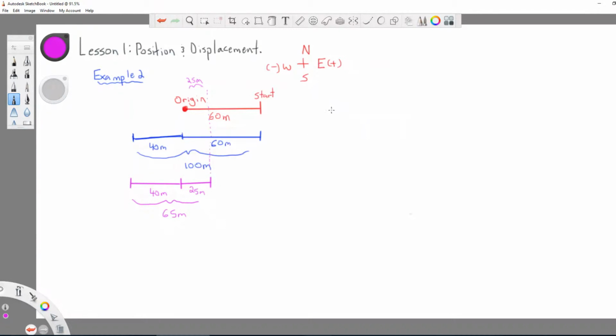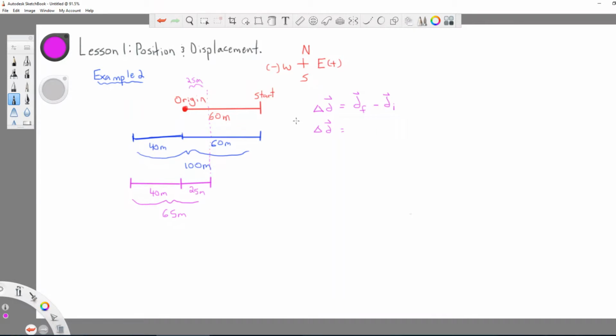It tells us that the change in distance, or displacement, is equal to the displacement final minus displacement initial.